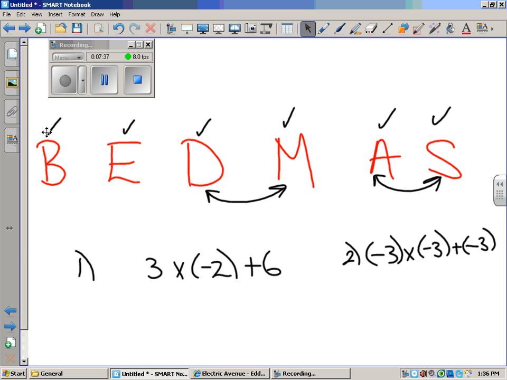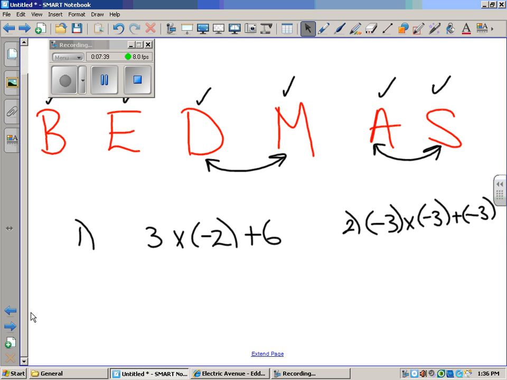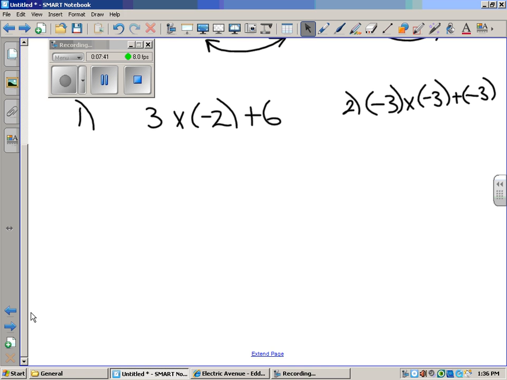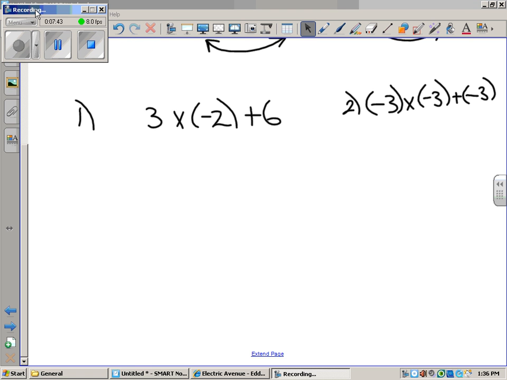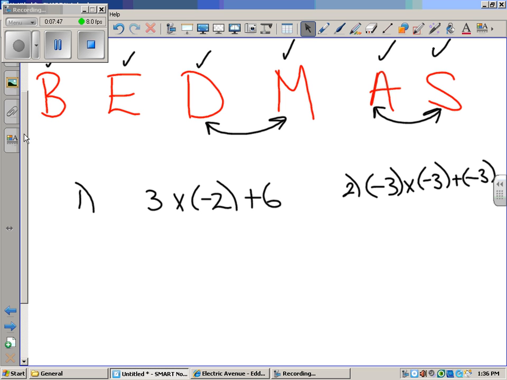So I have a couple of smaller examples here before we get too crazy. Our question says 3 times -2 plus 6. We refer back to our order of operations up here. There are no brackets to do. Truly, yes, -2 is in a bracket, but there's no work to do inside of it. It's just put in a bracket so that you don't confuse the negative sign right beside a multiplication sign.